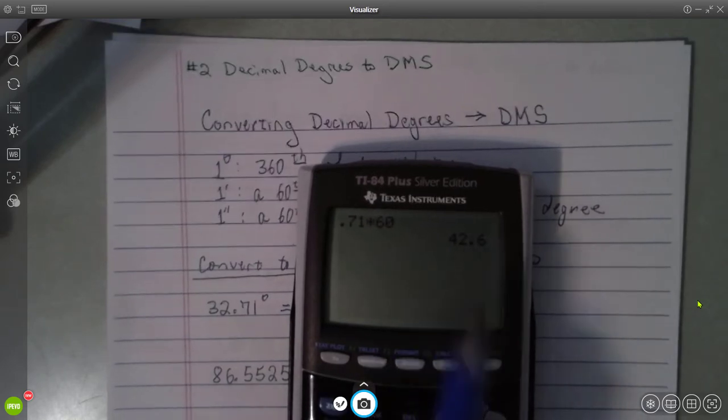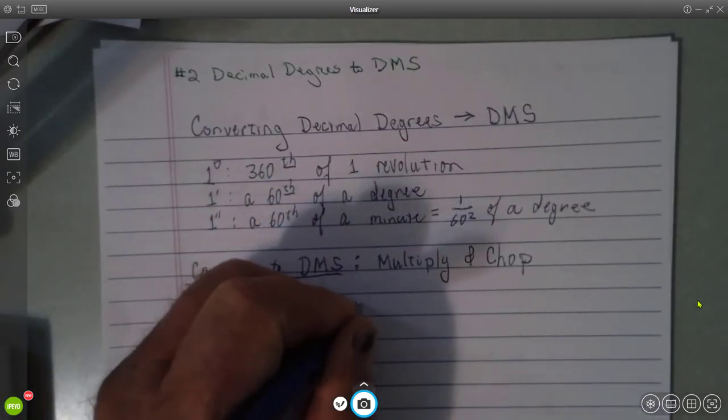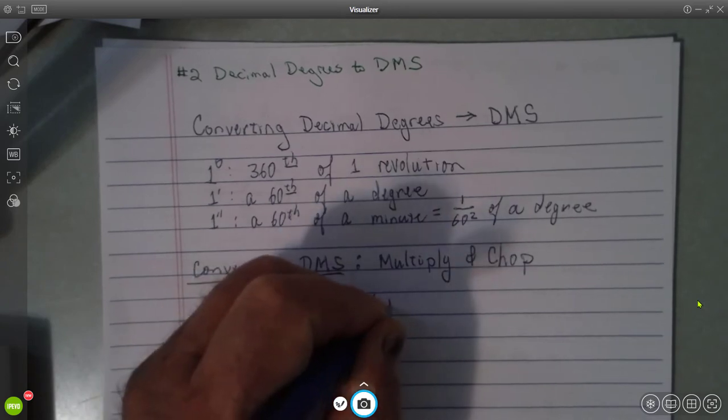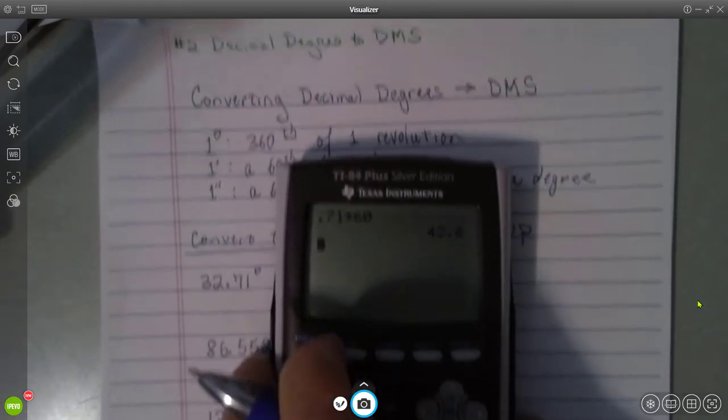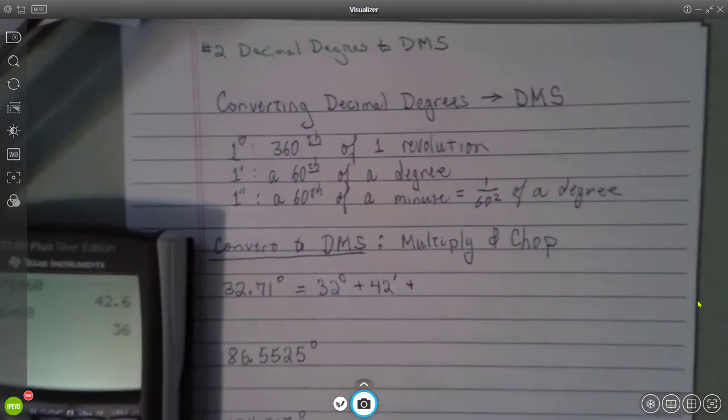Well, I have 42.6. I want just the whole number, the 42. So there are 42 minutes, and there's something left over, right? There's a 0.6. So if I take that 0.6 and multiply that by 60, it tells me how many 60ths of the minute, which is the number of seconds, and that turns out to be 36.